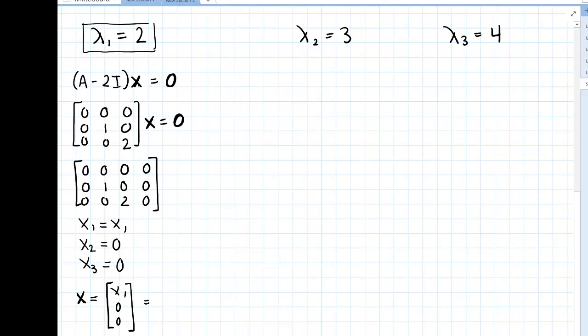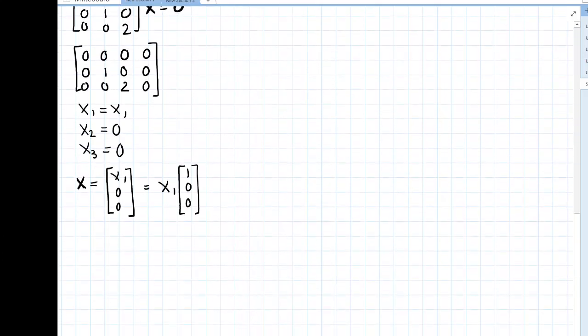Another way of writing that would be x1 times the vector 1, 0, 0. That tells us that any eigenvector corresponding to this eigenvalue is going to be a multiple of 1, 0, 0.